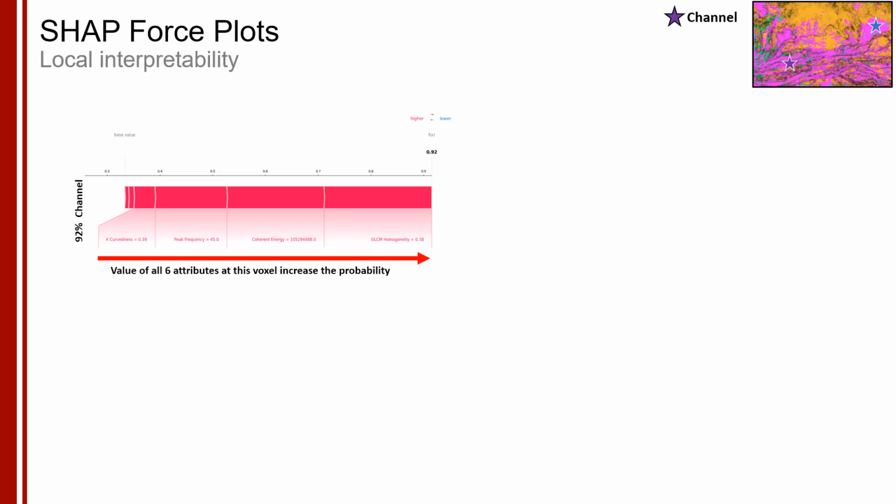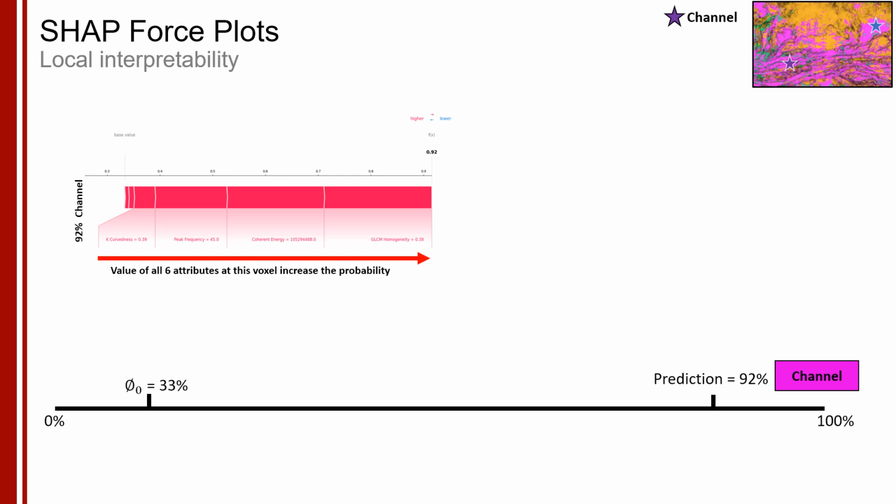We can look at that same spot with the SHAP force plots, which again allow local interpretability. What the force plots do is show us which direction each attribute is pushing us towards our classification. With SHAP, it found a 92% probability that it would be a channel, so that was its prediction, starting with an average of 33% because there are 3 facies, so a 33% chance that it's any of the 3.